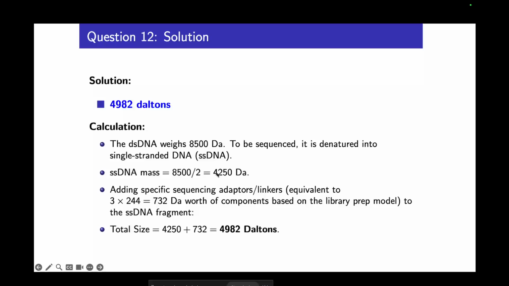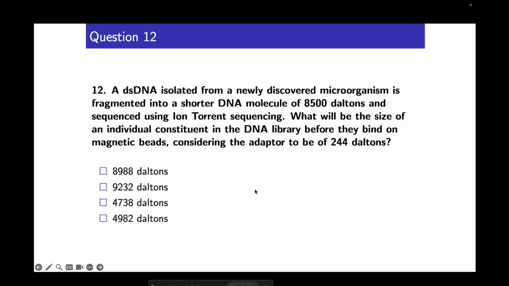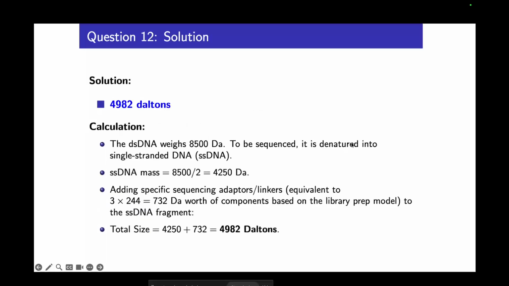So basically, single-stranded would be 4250, and there, yeah, you will have a magnetic adapter of 244 Daltons. You'll have three of them, one to each side and one for attaching the probe itself. So three times 244 will be 732. And if you add this to the single-stranded DNA mass, it is 4982.